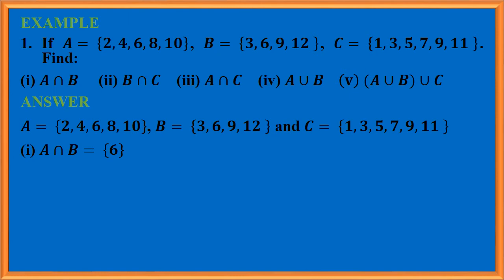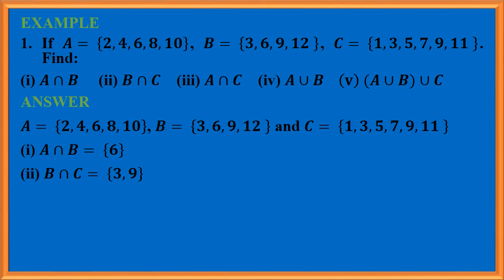Then B intersection C, B here, C there, which elements are common? So 1, we have 3, 3 there. What other elements? We can see 9 here, 9 there. So B intersection C should be equal to 3 and 9.